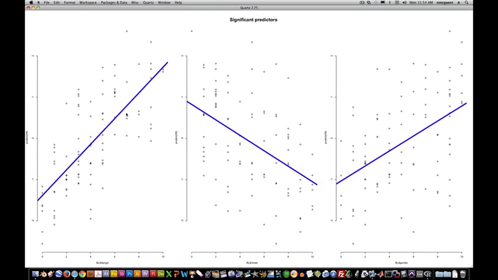Here are the significant predictors, and what I've done is basically put on the y-axis the predicted LR fit, not in terms of 0, 1, but in terms of the logit. So you can see that the more dangerous you think the criminal is, then the more likely you are to vote for the death penalty, where death penalty was scored as 1. And again, rehabilitation goes the opposite way. General deterrence goes the same way as dangerous.